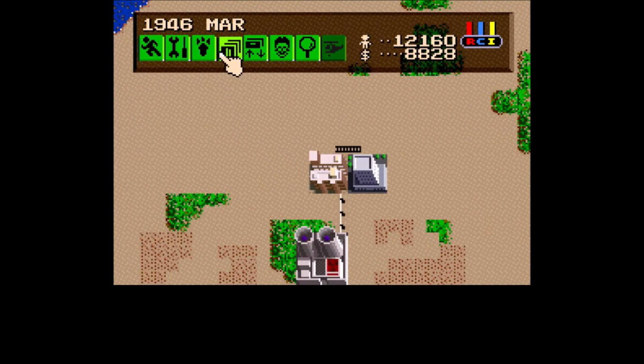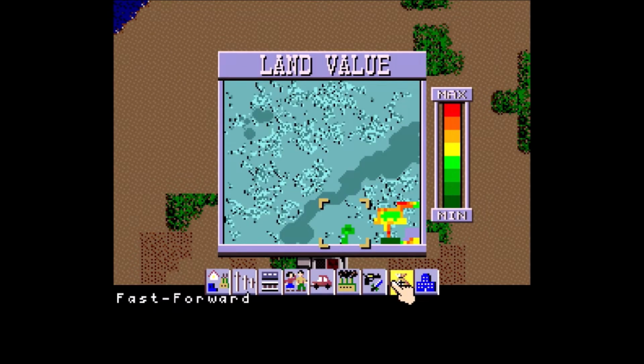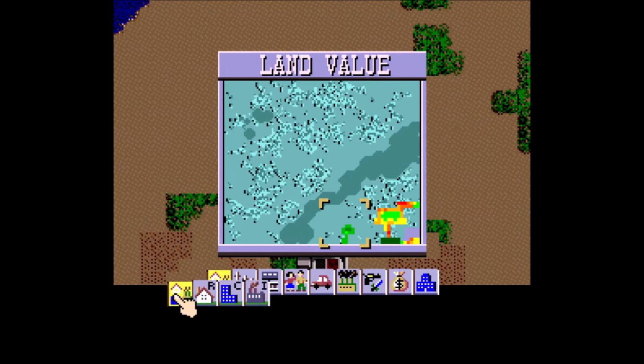In particular, if we look at the land value map here, if you want to get a fully developed C upper, it needs to be the color yellow on the land value screen.